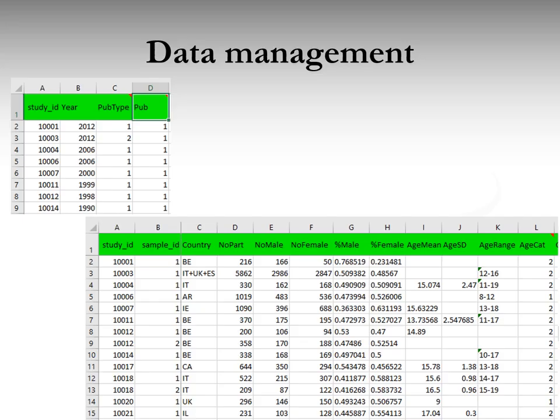So whereas the first sheet had one line for each study, in this sheet we have one line for each sample. For the majority of the studies, there was indeed only one sample, but for some studies there were more than one sample. Then in the following columns, you have some characteristics of these samples.